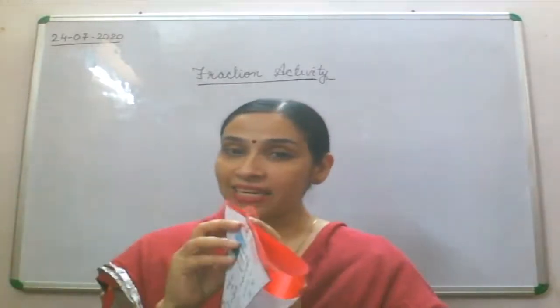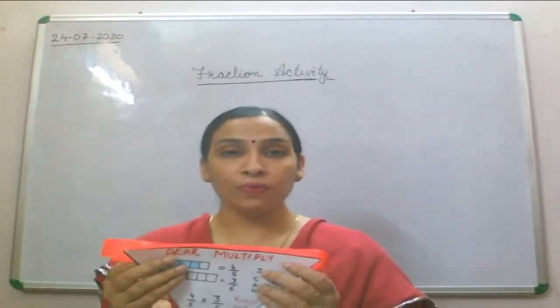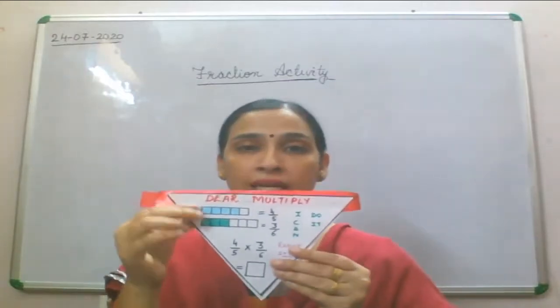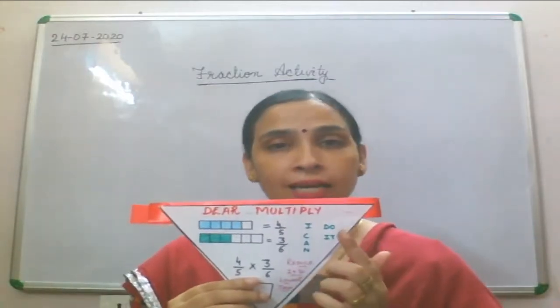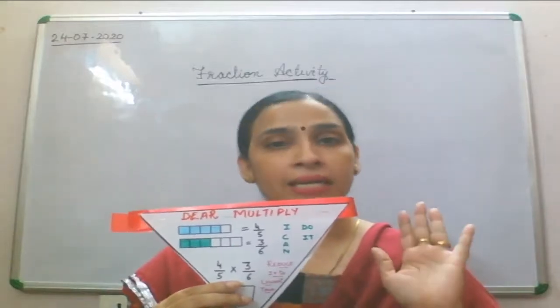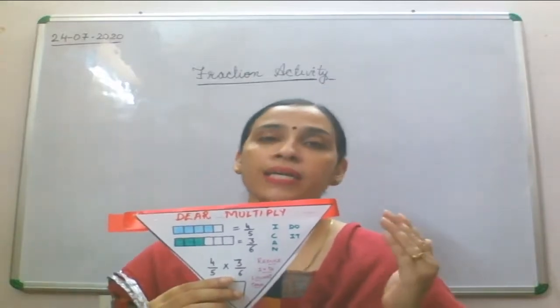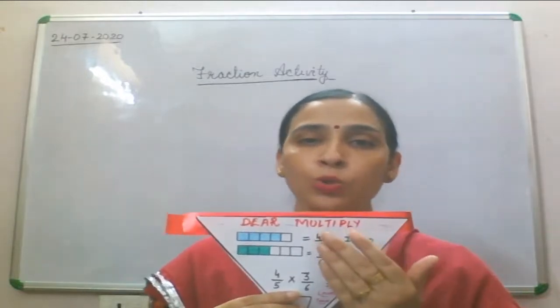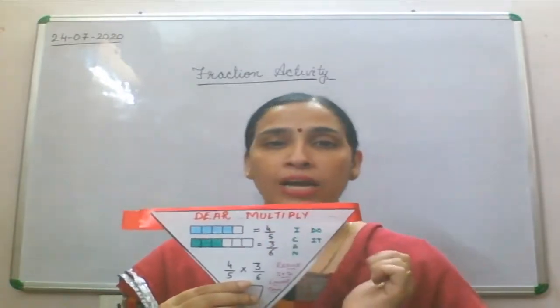So let's see this activity once again. What we were doing in this activity is multiplication. You are going to take out a triangle from an A4 size paper. You can take colorful paper also, or white paper. Over that paper you are going to take any two fractions.